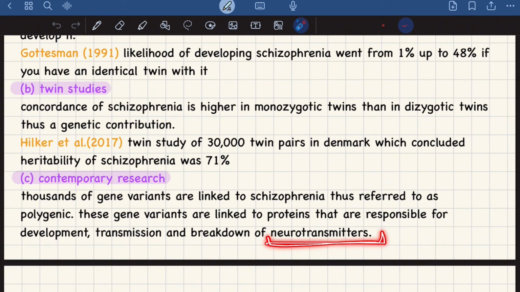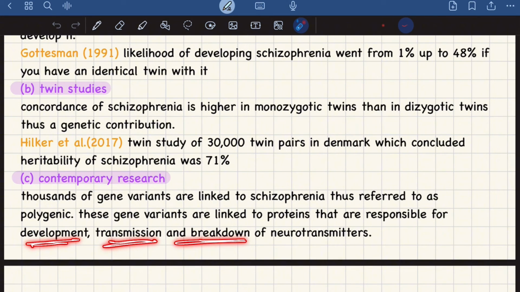What is an example of a neurotransmitter? Dopamine. Dopamine is an example of a neurotransmitter. And dopamine is responsible for like your motivation level, your happiness and everything. It can affect your mood if it is low. And thus, the protein is responsible for the development of it, for the transmission of it, and for the breakdown of it.